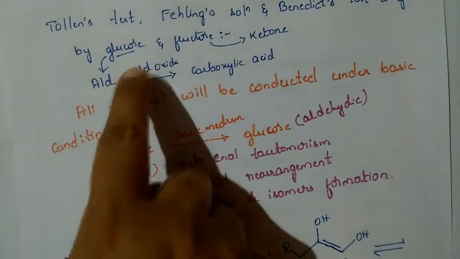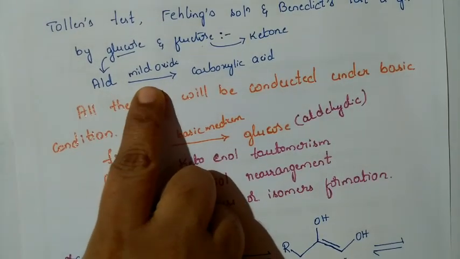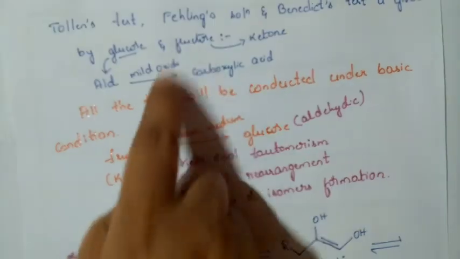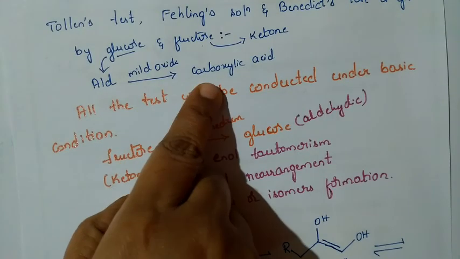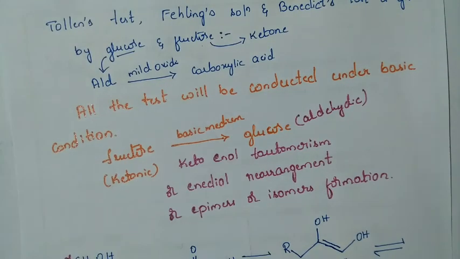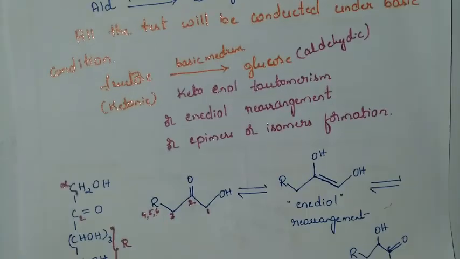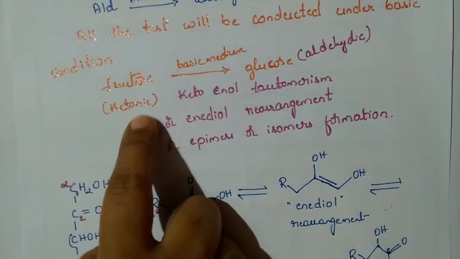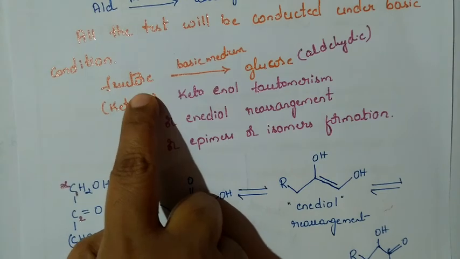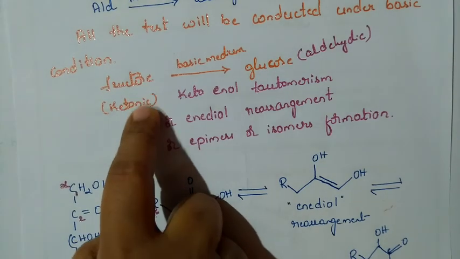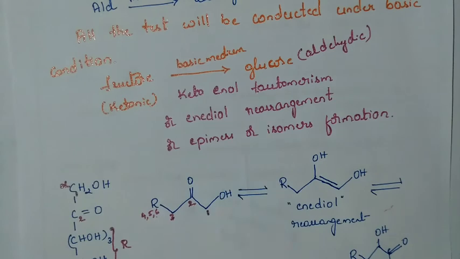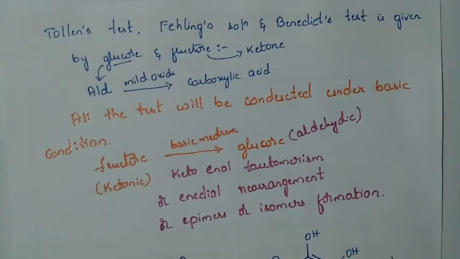So glucose, consisting of an aldehyde group, with a mild oxidizing agent undergoes oxidation. All these are mild oxidizing agents. But even though it is a ketone, fructose will also give a positive test with Tollens reagent, Fehling's solution, and Benedict's solution.